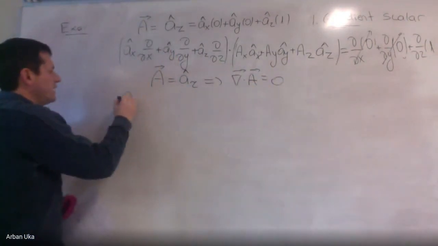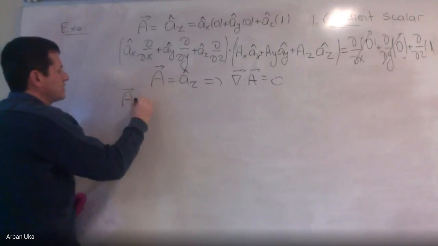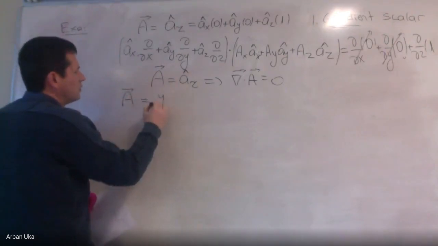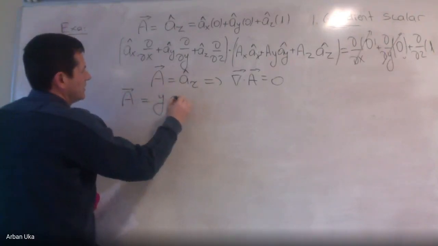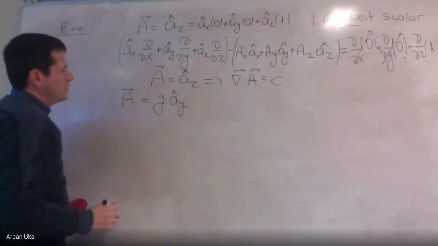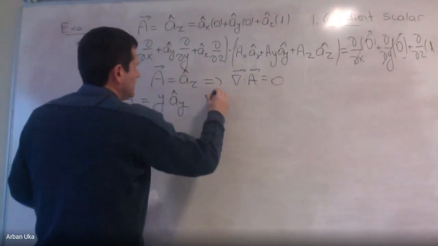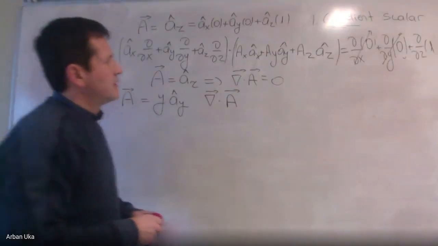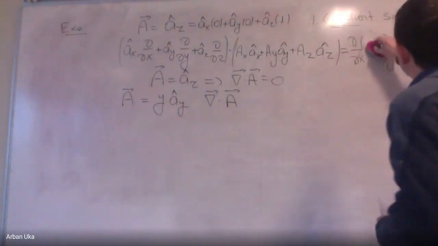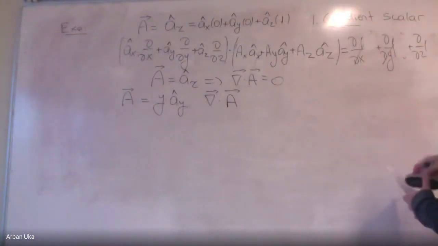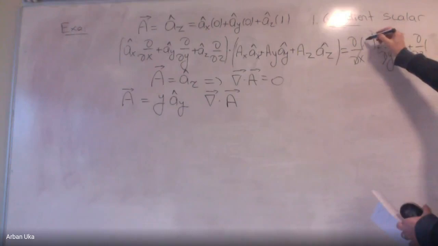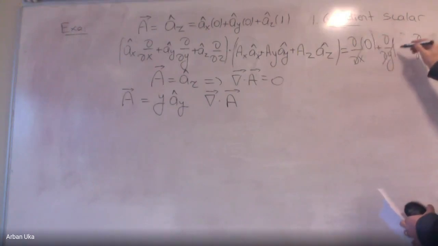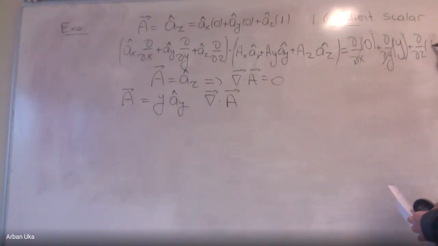What about if A as a vector is equal to y, AY? What is the divergence of A? 1. 1, that's correct, because in these derivatives, along the x this is 0, this is y, and this is 0.